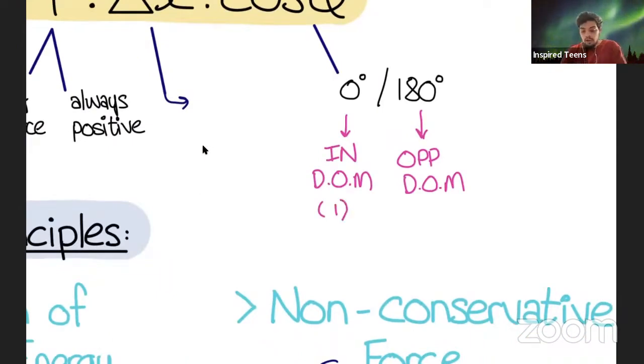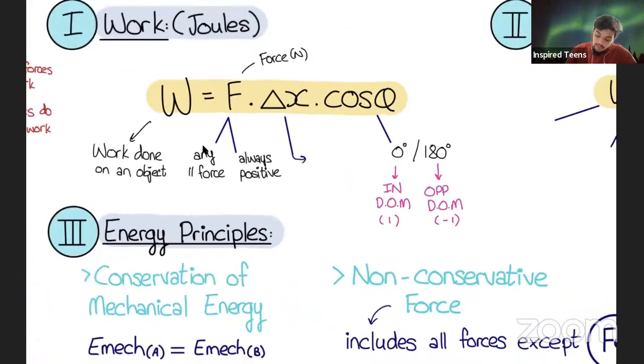And cosine 180 is -1. So this is what helps us to determine direction, by either multiplying this entire thing by 1, which won't change it, or multiplying it by -1, which won't change its magnitude, but will just make it a negative.